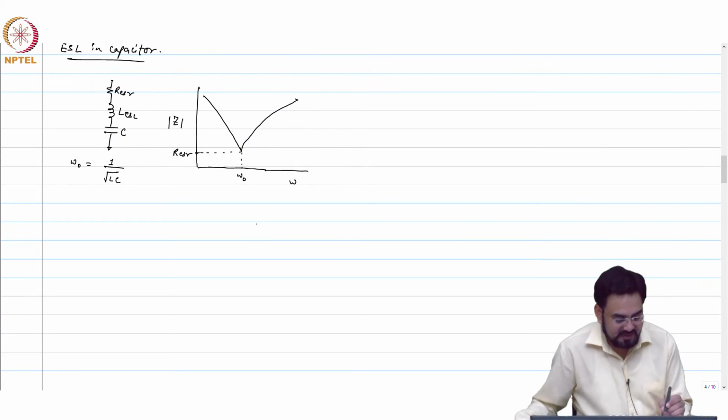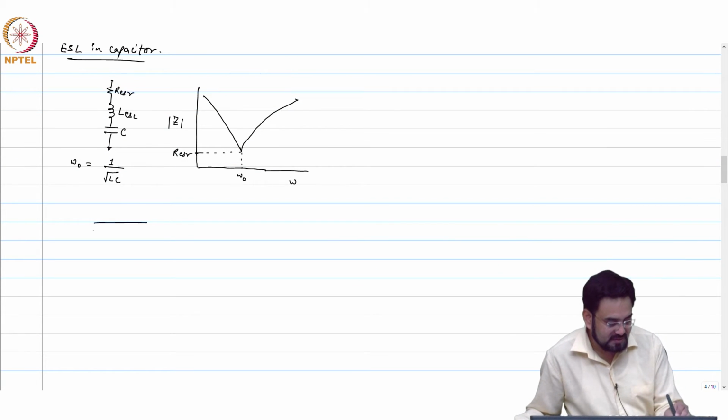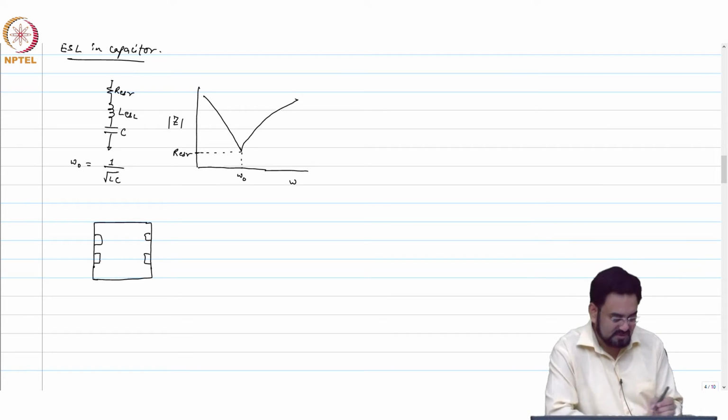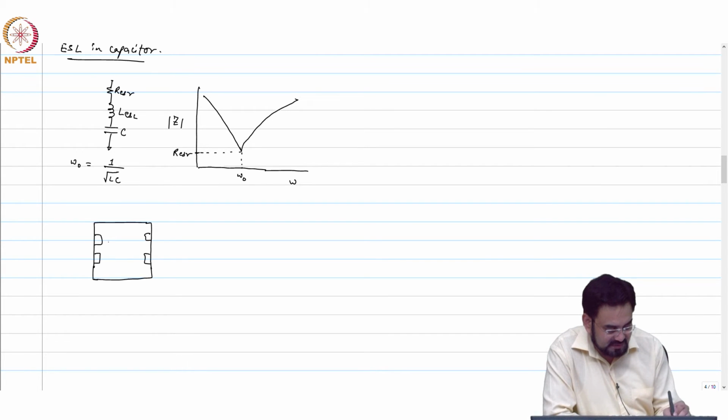The other thing is when you are placing the cap. So this is your chip. Let's say these are your pads. I am not drawing all the pads, just a few pads. So this is your DC to DC converter chip.